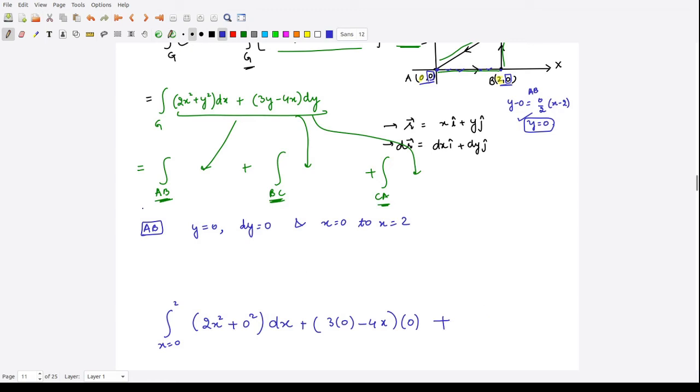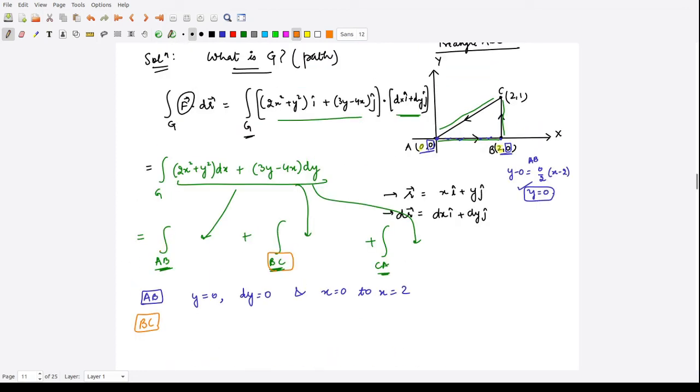Okay. For the next curve, BC, let's see what is the path. For the curve BC, if you look at this, the value of x is remaining the same. So from here I can directly write x is equal to 2, or you could use these 2 points (2, 0) and (2, 1) and the formula to calculate the equation of the line.